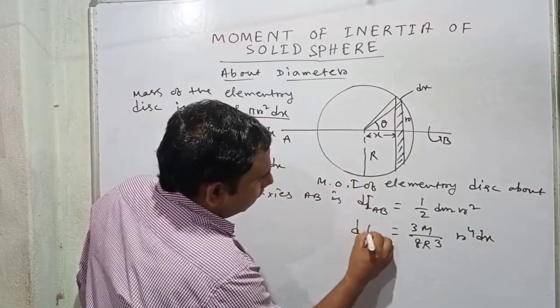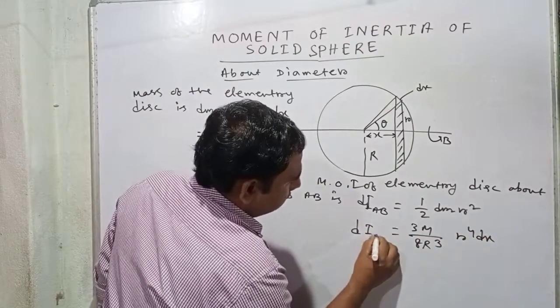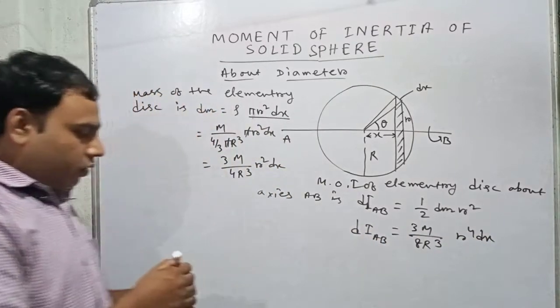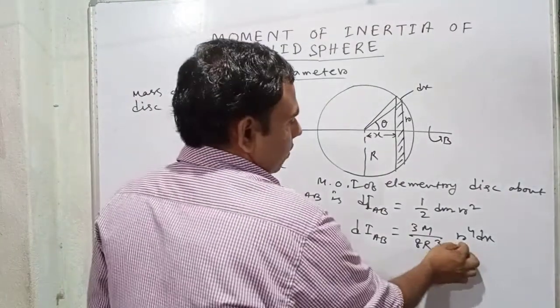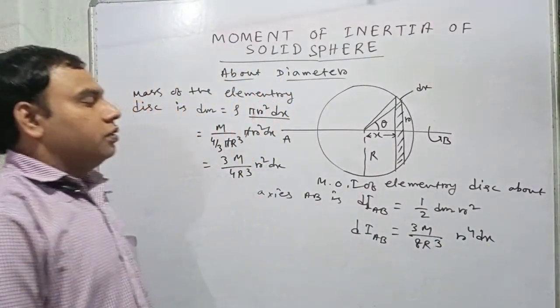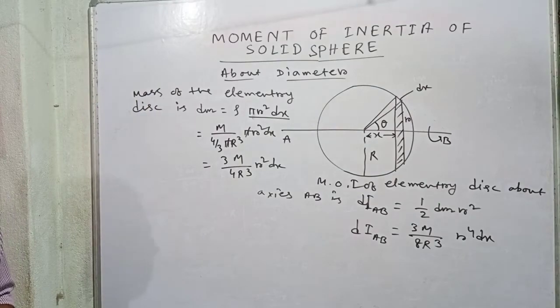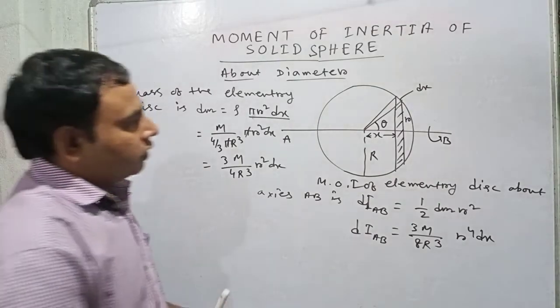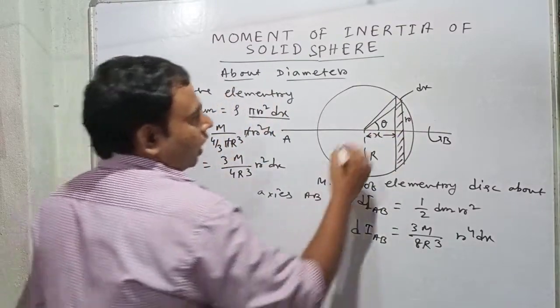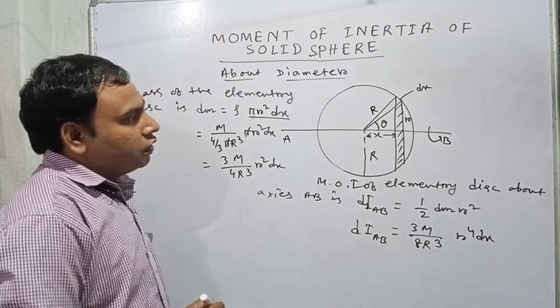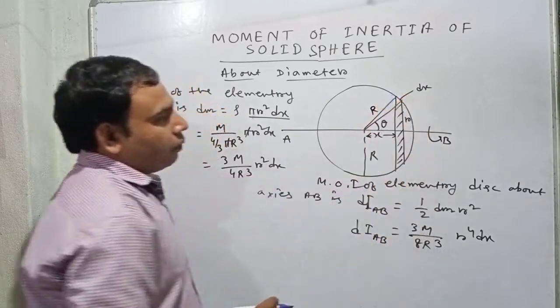Here two variables arise, r and dx. In this situation, we convert one variable, r, into terms of x. In this triangle, the base is x, the hypotenuse is capital R, and this is the perpendicular.